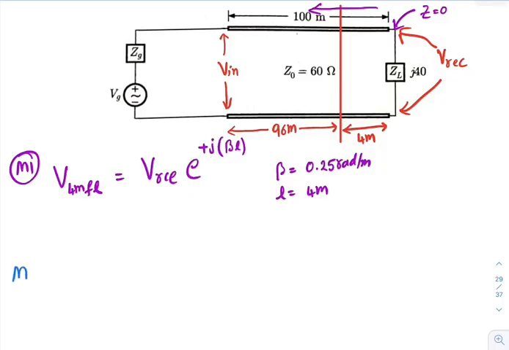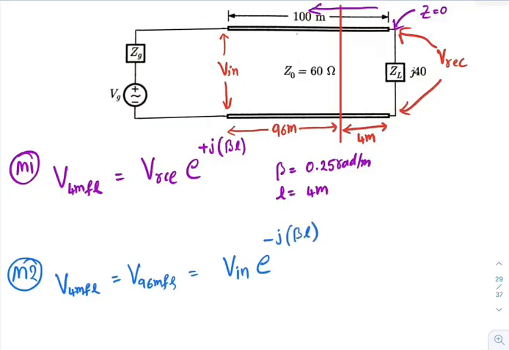The second method is voltage at 4 meters from load, you can even write it as voltage at 96 meters from source, that is equal to V in into e power minus j times beta L, where beta value remains as it is 0.25 radian per meter and L value is equal to 96 meters now.